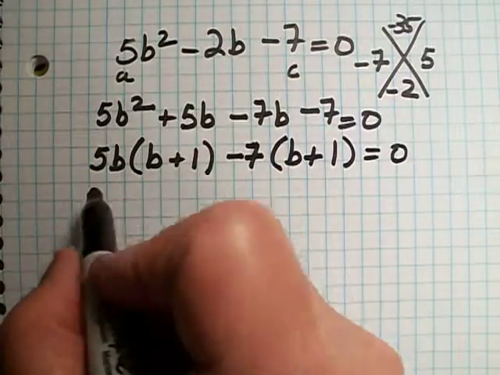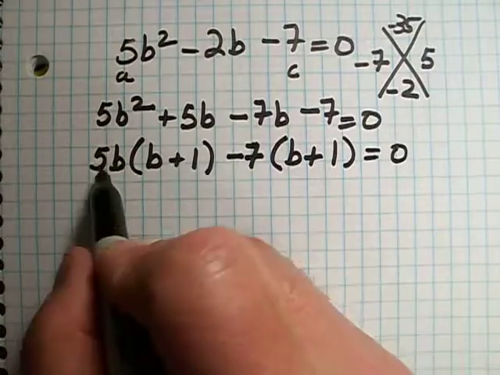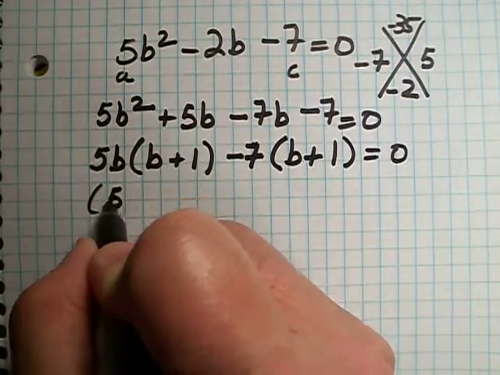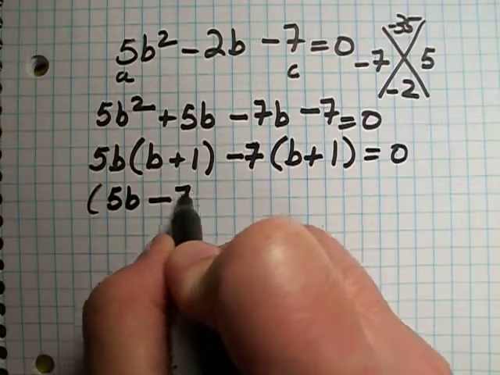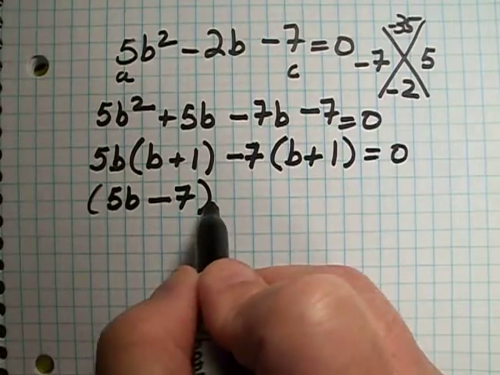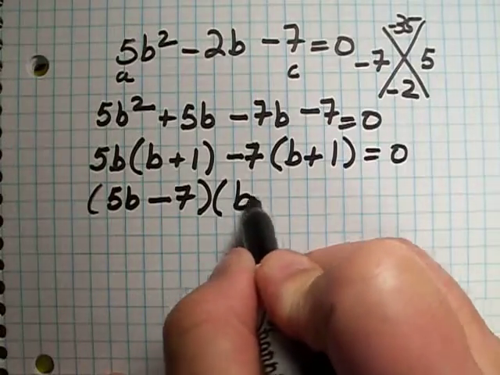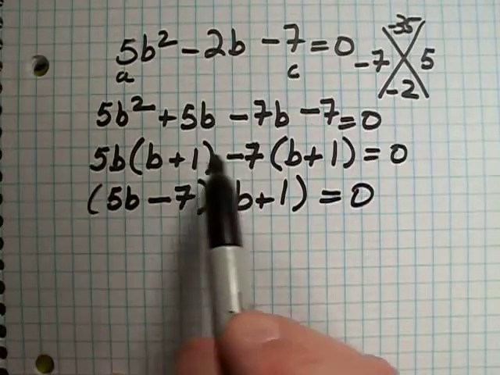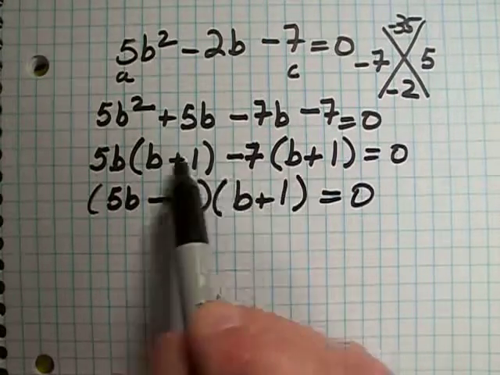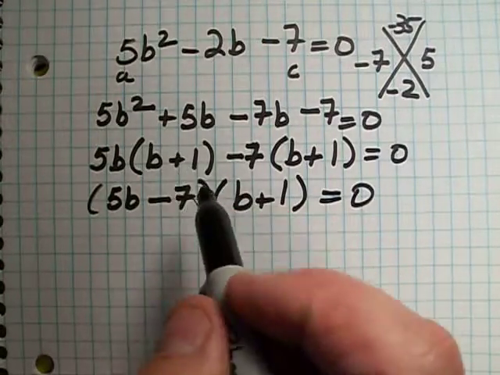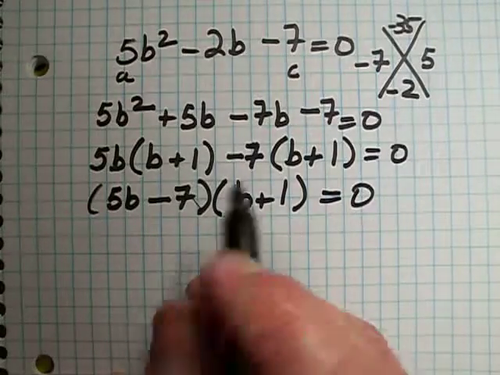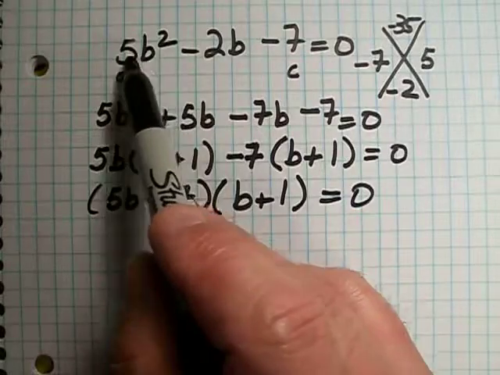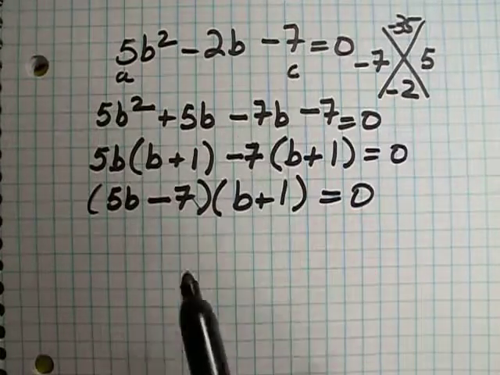Now, remembering what we do with these when we factor, 5b minus 7, that's 1, times b plus 1 equals 0. We combine these two terms and we use one of these. They're both the same, b plus 1 equals 0. And if you were to multiply them, it would end up with your original 5b squared minus 2b minus 7.